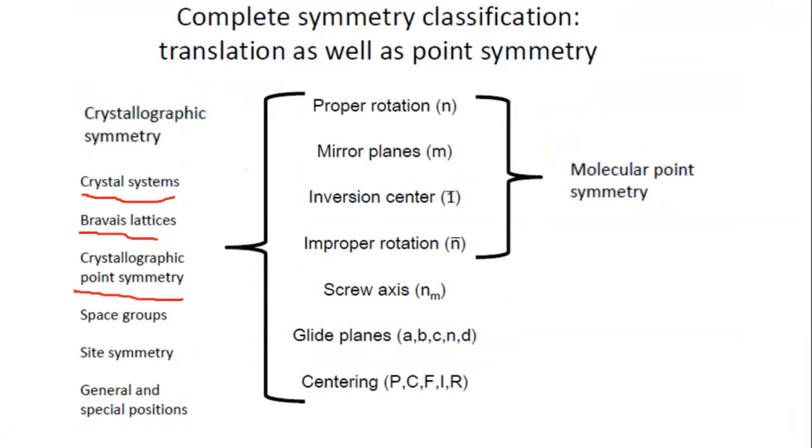Now, we did talk about molecular point symmetry in the last two lectures, but we have what's called crystallographic point symmetry, and we'll be discussing that. And then if we finish that up today, the next lecture we'll be talking about space groups, site symmetry, general and special positions as well.